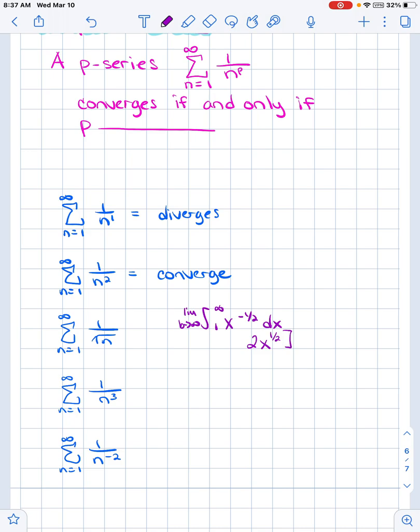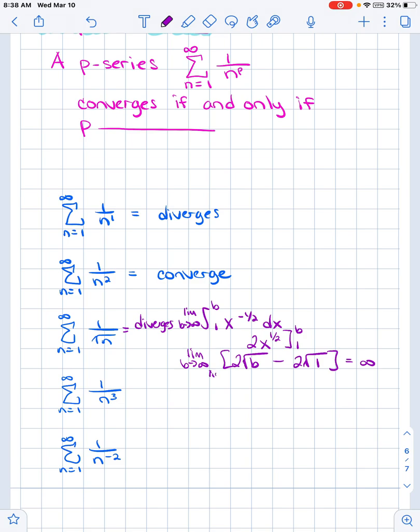So the antiderivative is 2 times x to the 1/2. So already I can see that when I plug in 1 and b approaching infinity, this is going to be something very large. So I have 2 times the square root of b minus 2 times the square root of 1, and as b approaches infinity, this is going to approach infinity. So we know that this diverges.